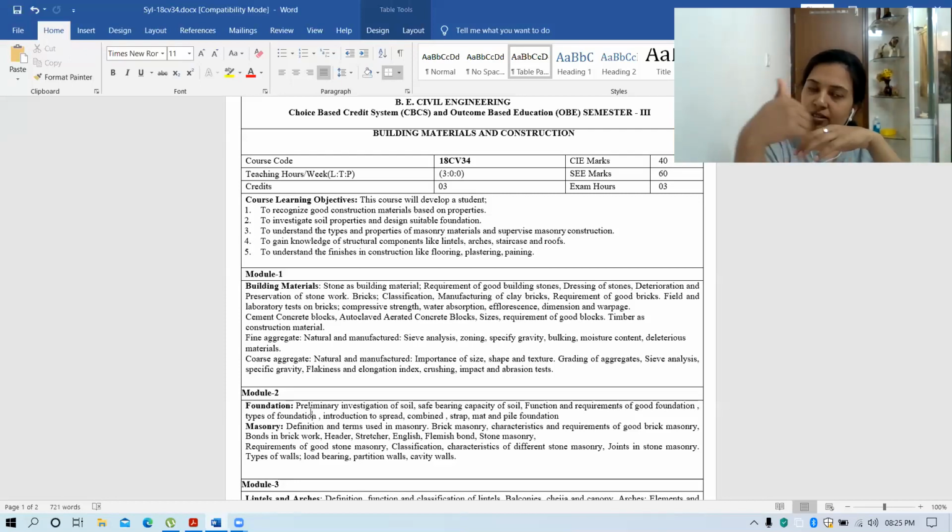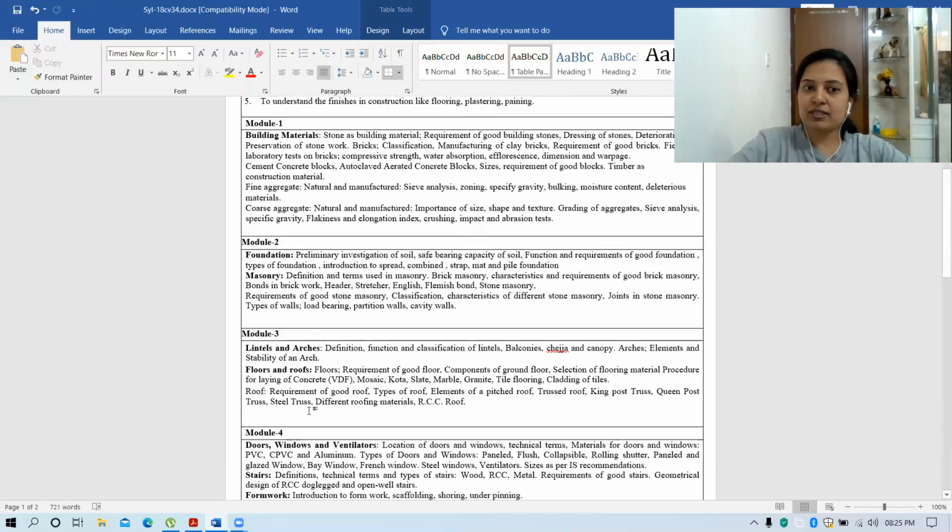There are various terms used in masonry activity that you are going to learn here, and also the different types of masonry works we have in our construction activities, which you will also learn in the second module.